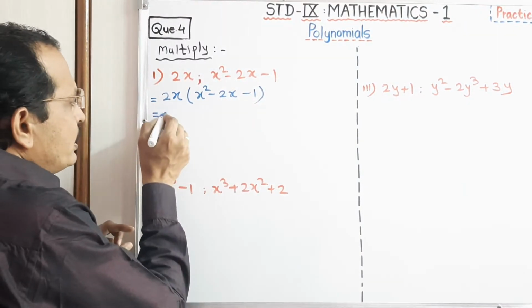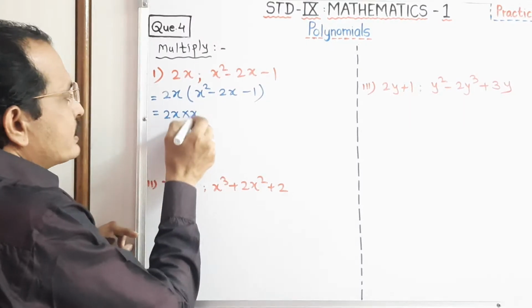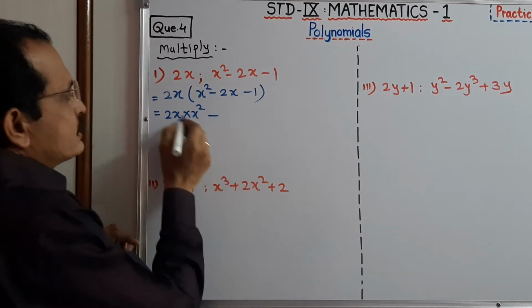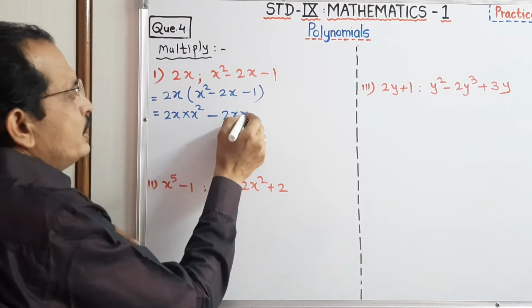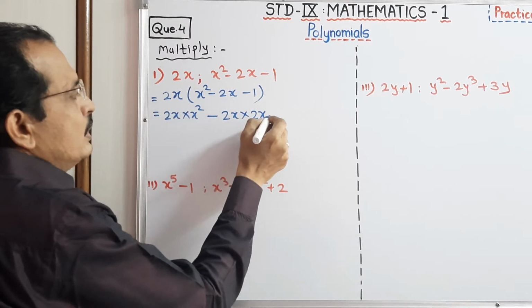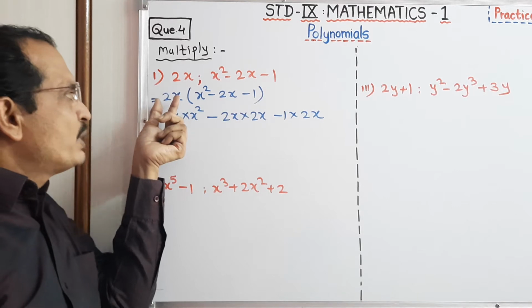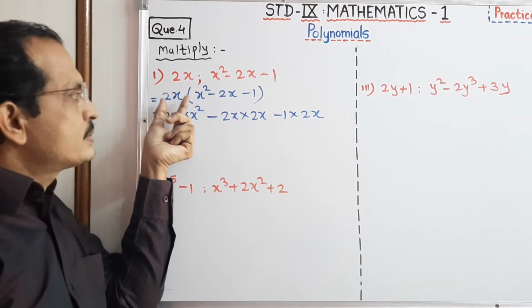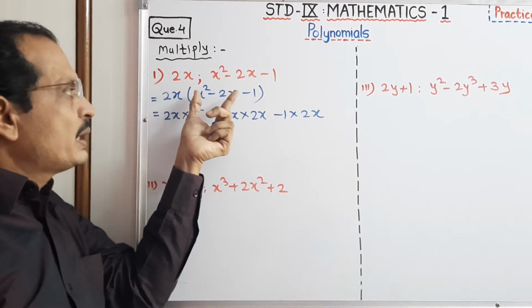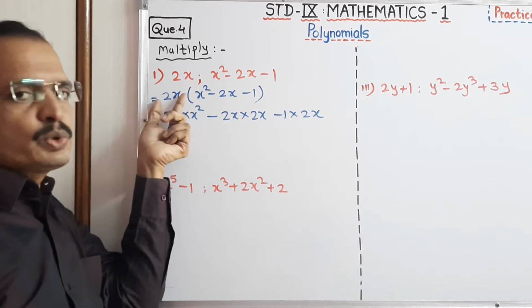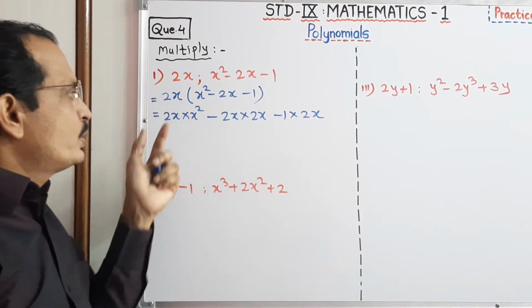Therefore it is 2x into x square minus 2x into 2x minus 1 into 2x. That means I multiply this bracket. That means multiply each term of this bracket with this 2x. Therefore 2x into x square.